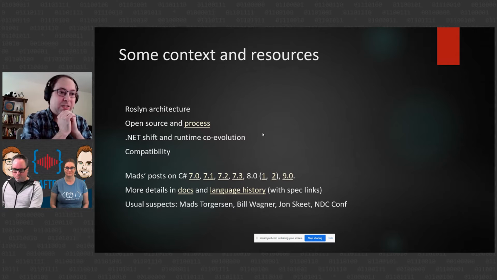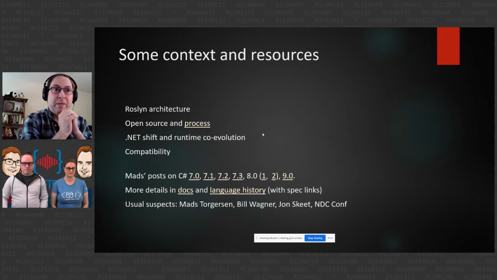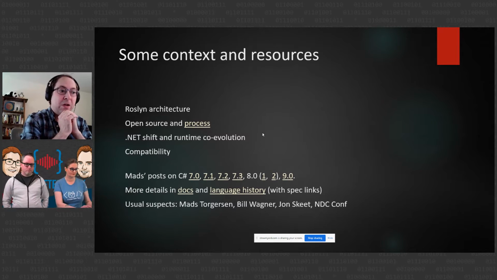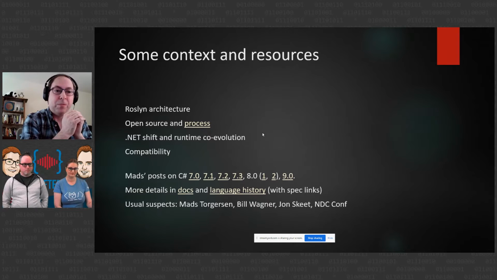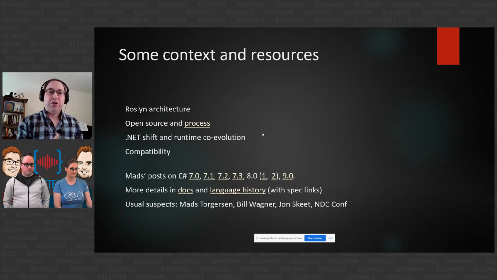That had effects on the language as well, because it opens new possibilities of evolving the language, the runtime and the libraries, everything together. The runtime is no longer shipped as part of the operating system, so you can have different versions side by side, and it just made it a lot easier to evolve together.